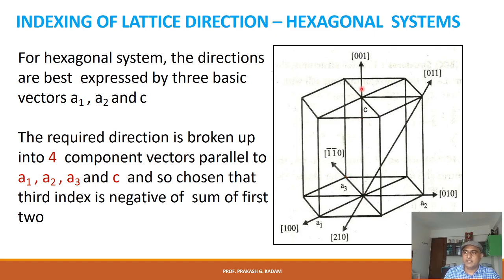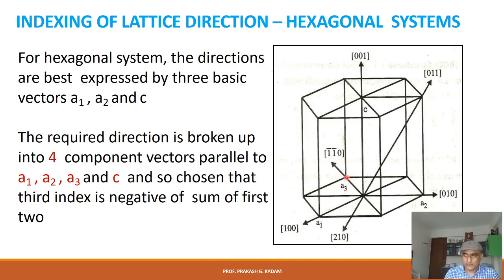On the top side the distance becomes C. The required direction is broken up into 4 component vectors, parallel to A1, A2, A3, and C. And it is chosen so that the third index is the negative of the sum of the first 2.